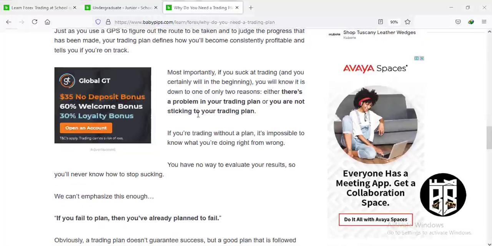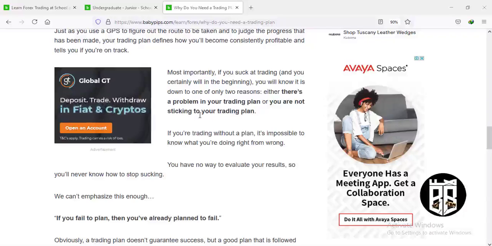If you suck at trading, and you certainly will be in the beginning, you will know it is down to one of two reasons only. Either there's a problem in your trading plan, or you are not sticking to your trading plan.